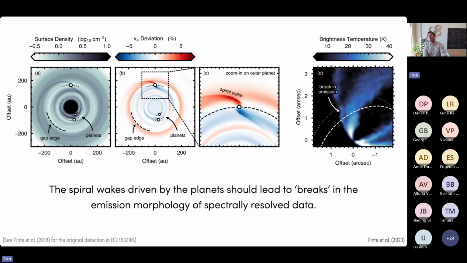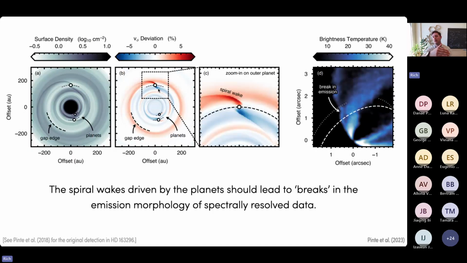Not all of the planets would be expected to create such a nice structure in there. I would imagine many people here are familiar with the idea that what we're looking for are actually kinks in the emission morphology. And that comes from the fact that the planet that's embedded in the gas disk creates these shock fronts, which drive this spiral wake.